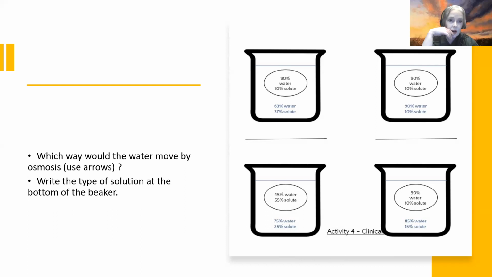So that's another isotonic. And the other one is 75% water, 25% solute in the cell, and 80% water and 20% solute outside the cell.